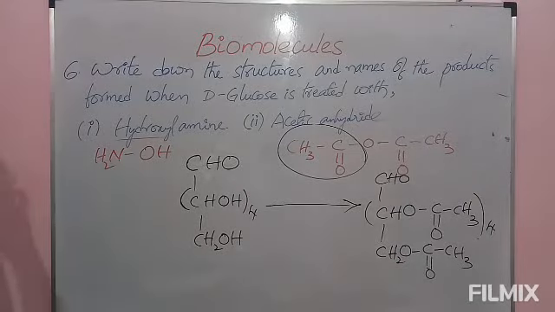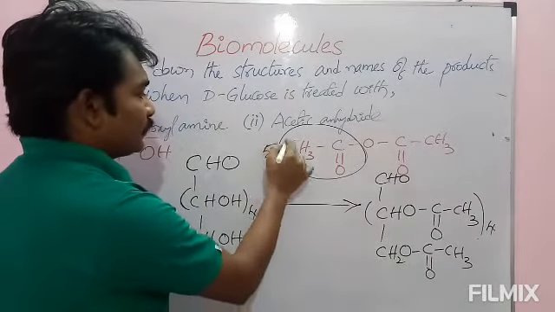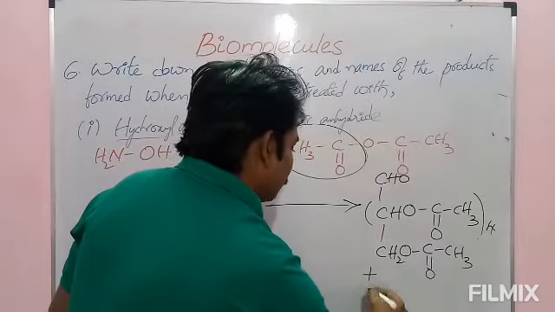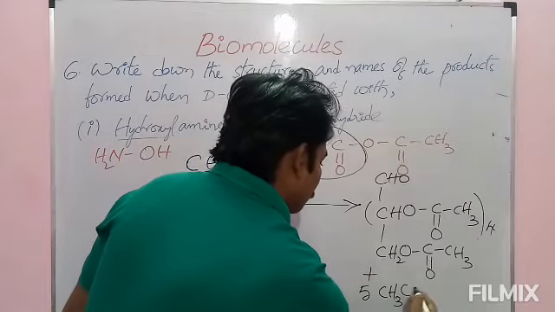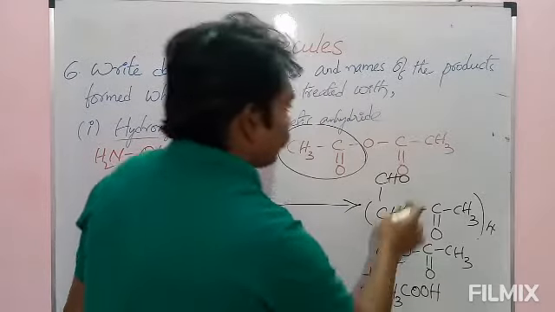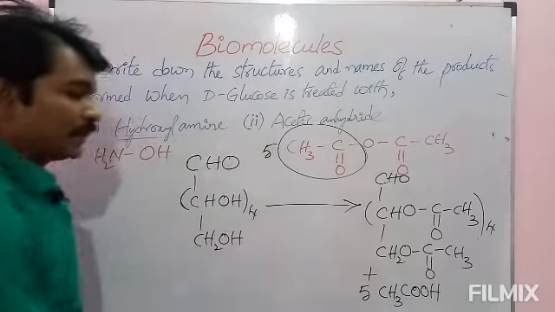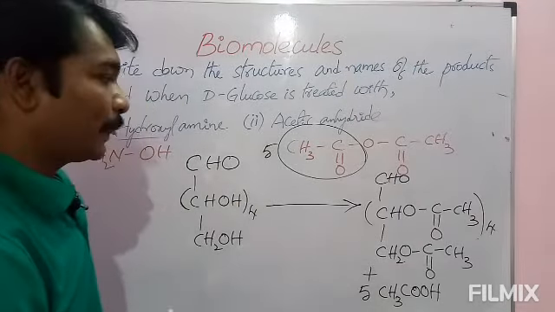In addition, we take five molecules of acetic anhydride, then only we will get this one, and in addition we will get five molecules of CH3COOH.